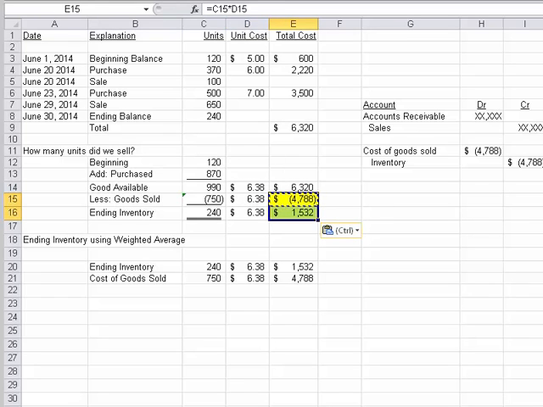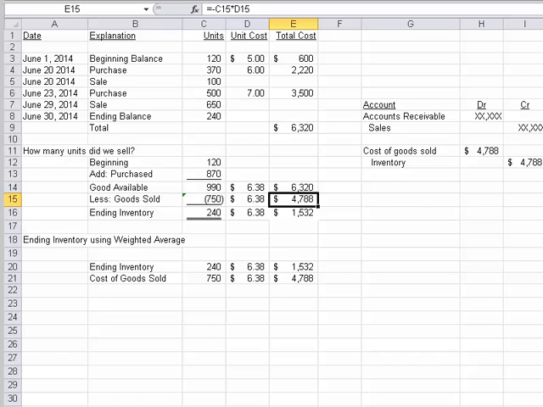And now I don't need to highlight the yellow anymore. We made a point of that before. So cost of goods sold, oh, by the way, because that's negative, I want to flip the sign so that it comes back as a positive. And what we get using the weighted average method is a debit to cost of goods sold for $4,788 and a credit to inventory in the same amount.